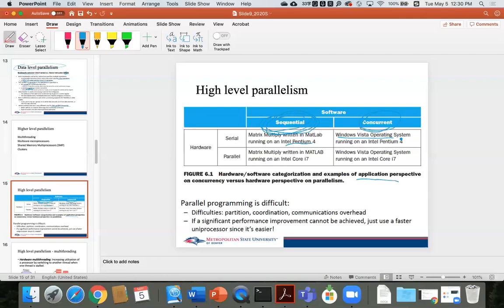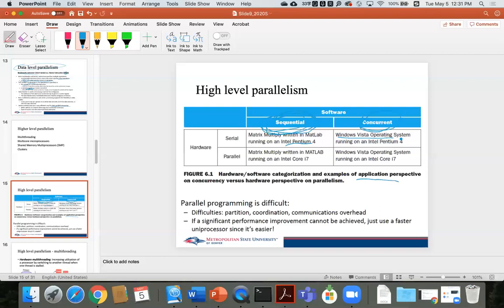Sometimes I need to find a certain file, and the operating system helps me find it. Sometimes I'm playing music, and sometimes I'm running a program. Altogether, multiple applications take the resources of my CPU at different levels, but they all happen together. This is the really top level of parallelism, and it is called concurrent.